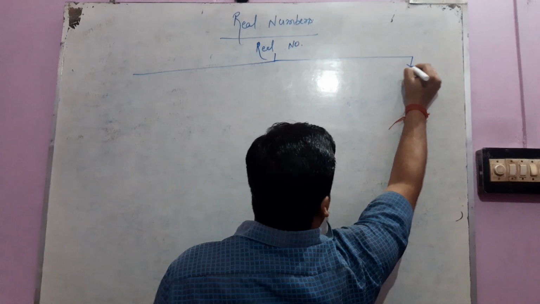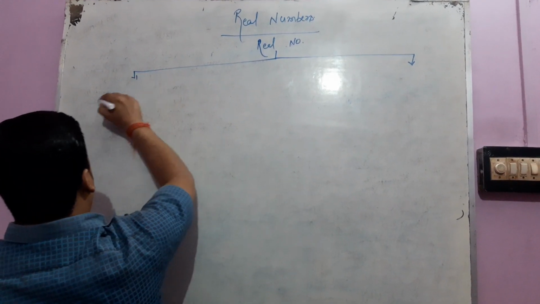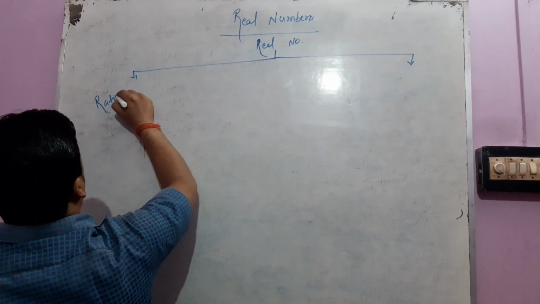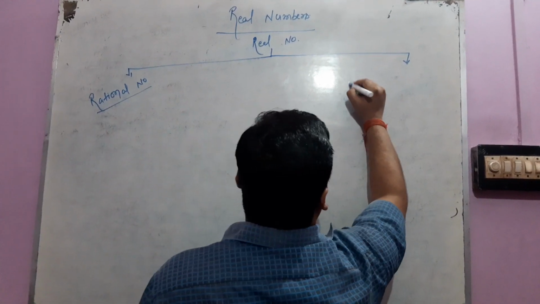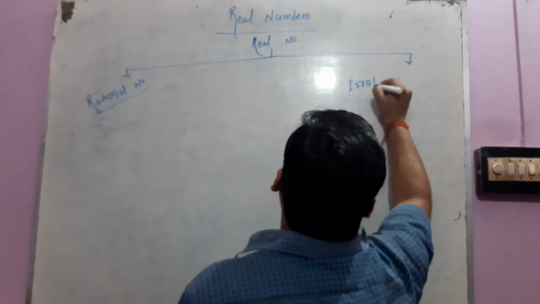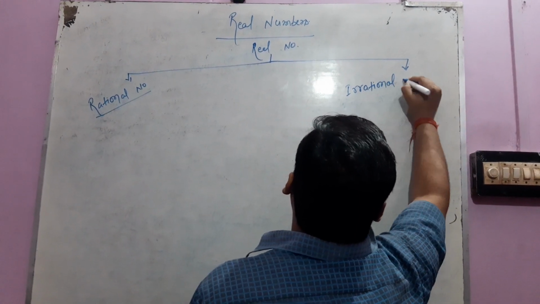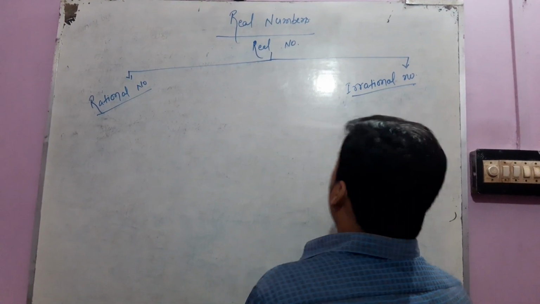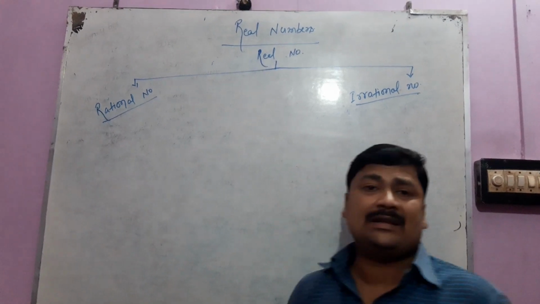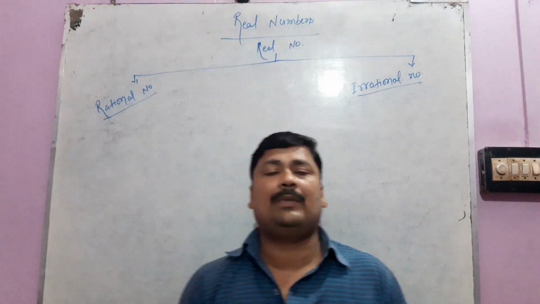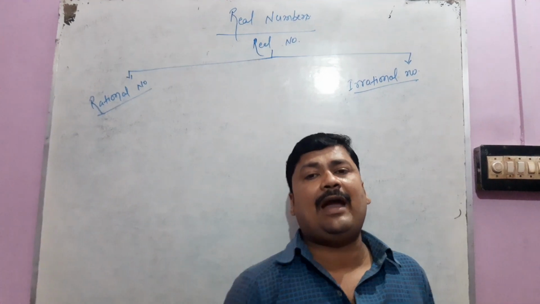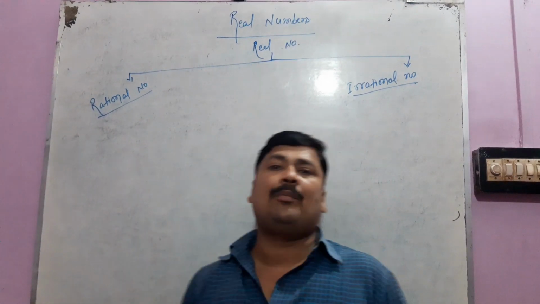These are the rational numbers and the second is irrational numbers. Now, rational number. First we have to look at how the word rational is derived. The word rational is derived from ratio.